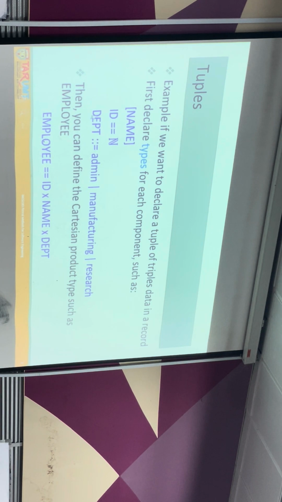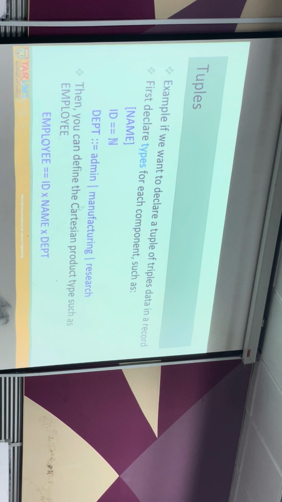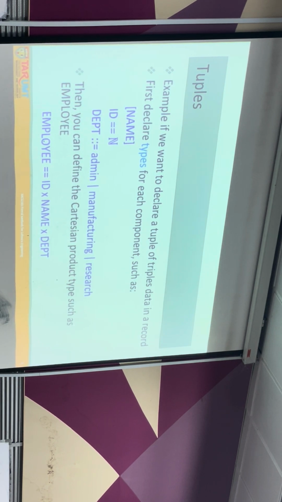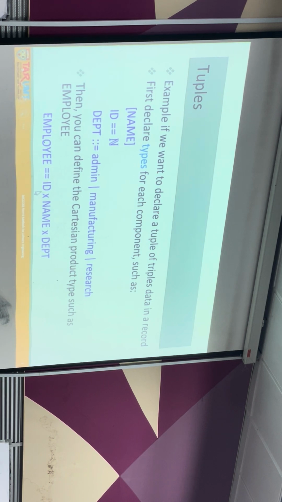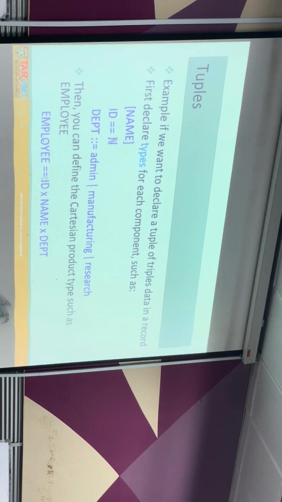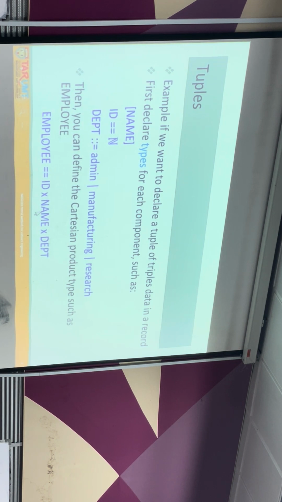And then this one is the free type. You just need to put a list here. So if you use Cartesian product in a record, if you want to combine these as 3, the arrangement is up to you. For example, here I do ID, Cartesian product with N, Cartesian product with department.